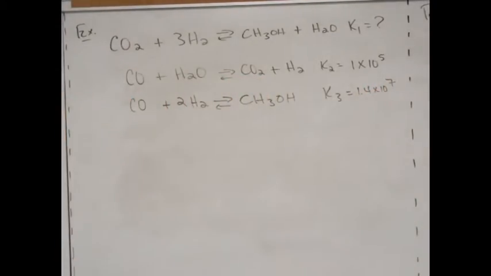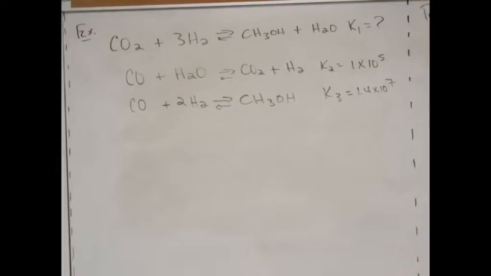Sounds like we're using Hess's law for this one. It very much is looking like a Hess's law problem where you're adding reactions together. So the question is, how can I take these two to make that overall reaction? It's very much what Hess's law called out.